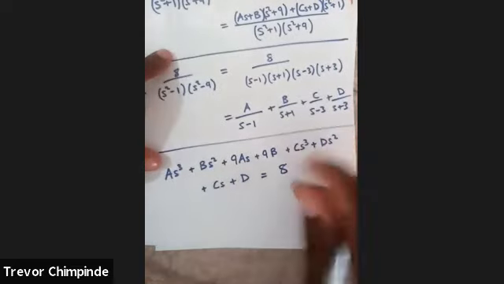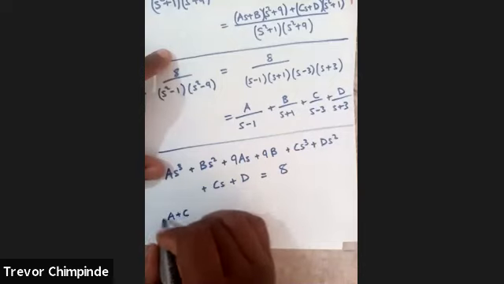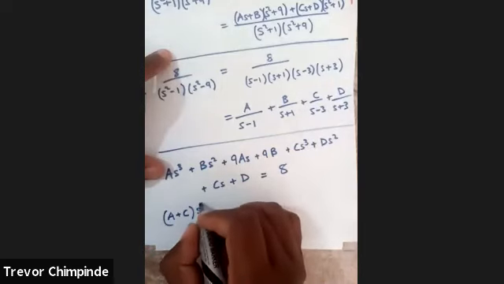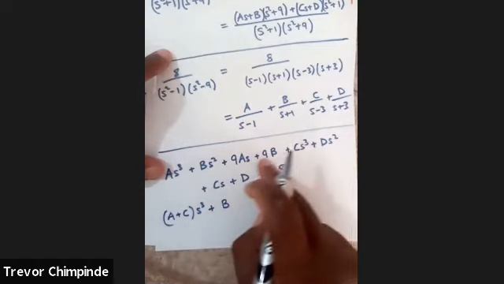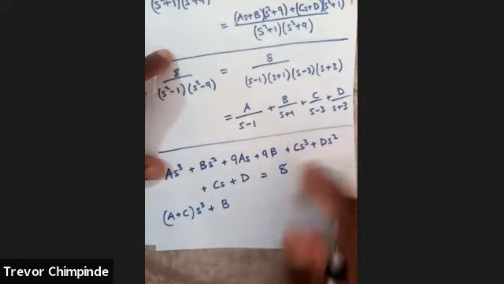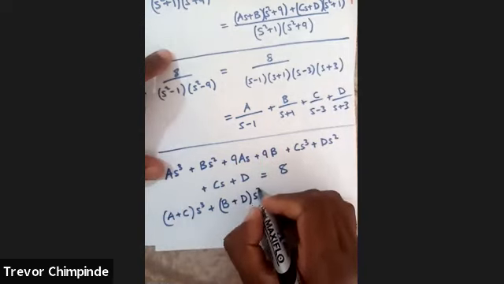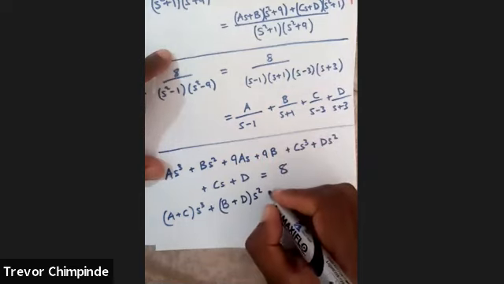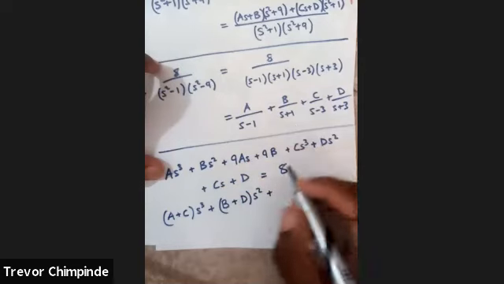Factorizing, we get (a plus c) s cubed plus (b plus d) s squared, then plus, so this is 9a, right? Yes.